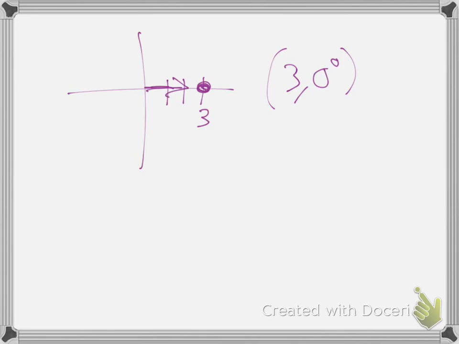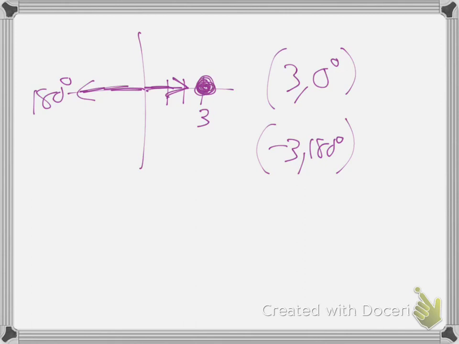Just aim your cannon at 0 degrees and shoot 3. But you could also say what? What if I aimed the cannon this way at 180? Negative 3, 180. Right? That's the same dot, isn't it? There are 2 different ways to say this same dot. You could aim at it and shoot 3, or aim the opposite way and shoot negative 3.